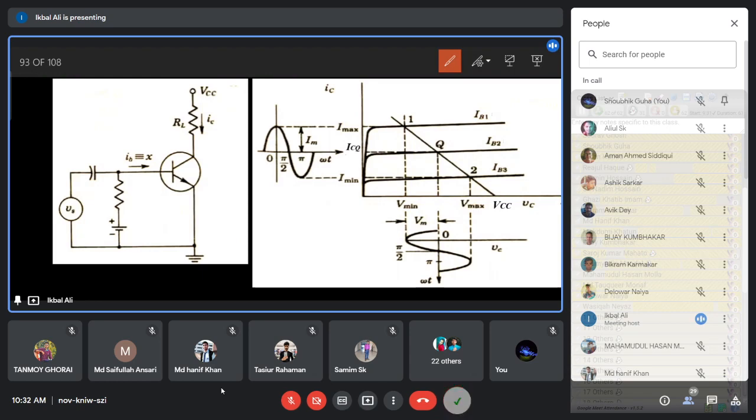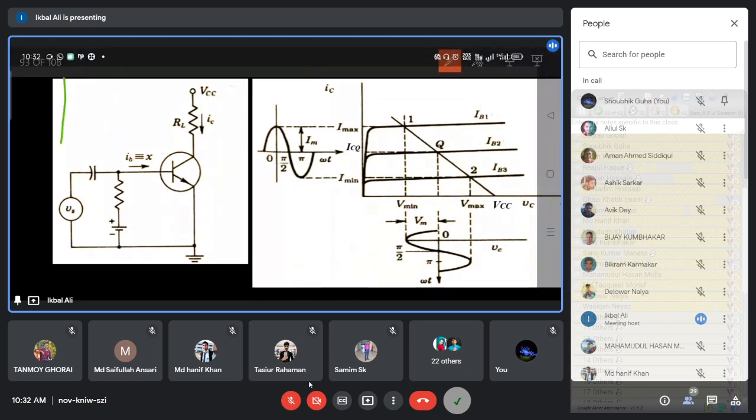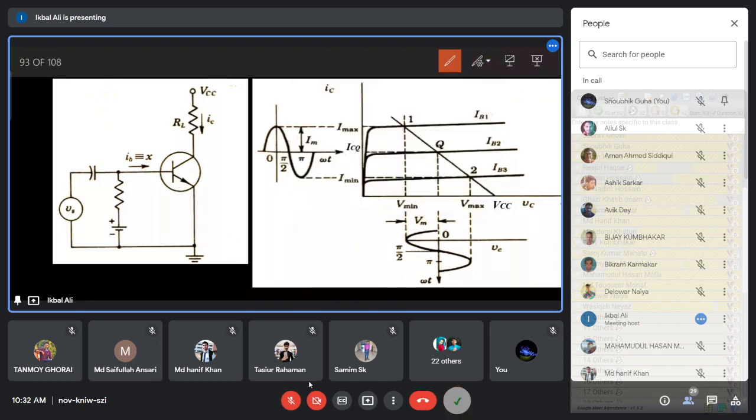Have you understood the amplification by this amplifier circuit, which is similar to the CE amplifier? Have you understood this amplifier's amplification process as well as the notations? Then we will calculate some efficiency of this circuit. Have you got this clearly? Is there any question? Anyone has any doubt?